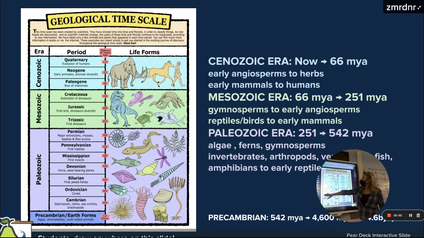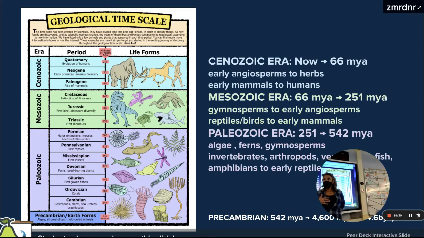As far as what life we have, in the old Paleozoic, plant-wise, where are we at? Algae. And in the Paleozoic era, we go all the way from algae at the beginning to the beginnings of gymnosperms. Those are your Christmas trees and Hanukkah bushes, right? And animal-wise, where did we start?